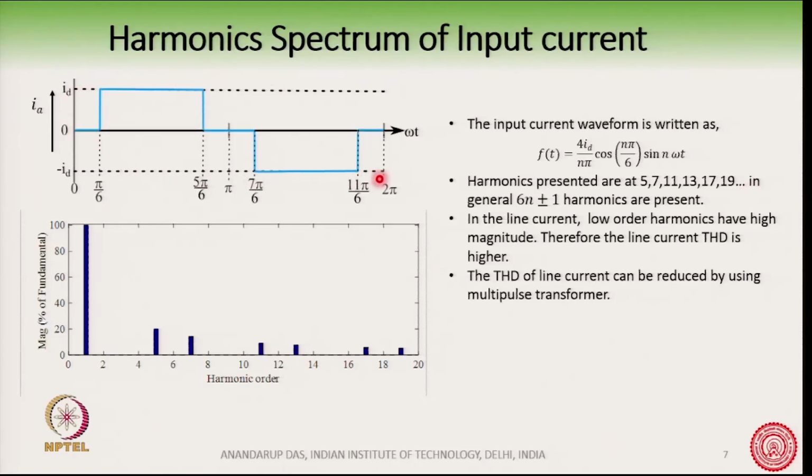All these harmonics will be injected into the supply. This is the Fourier spectrum, 5th, 7th, and the magnitude of the nth harmonic, as you can see, is proportional to 1 by n.